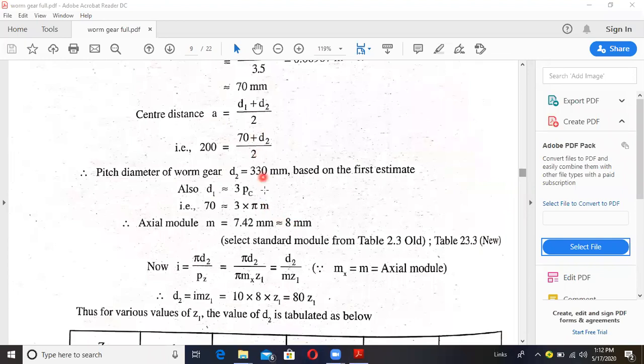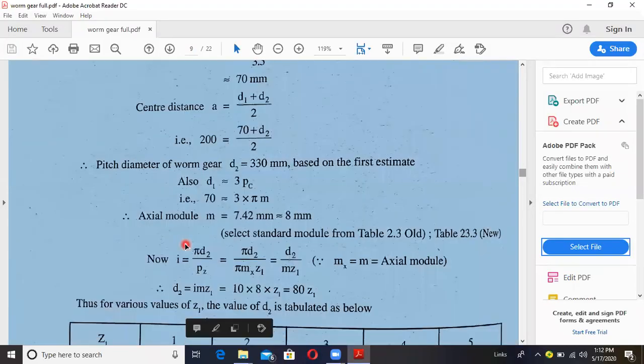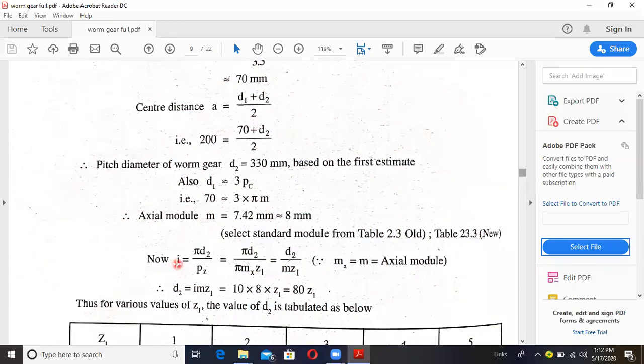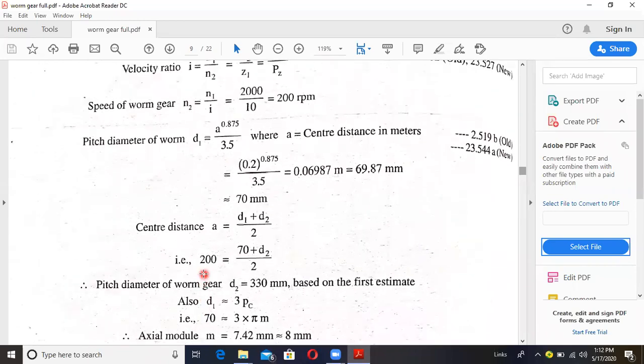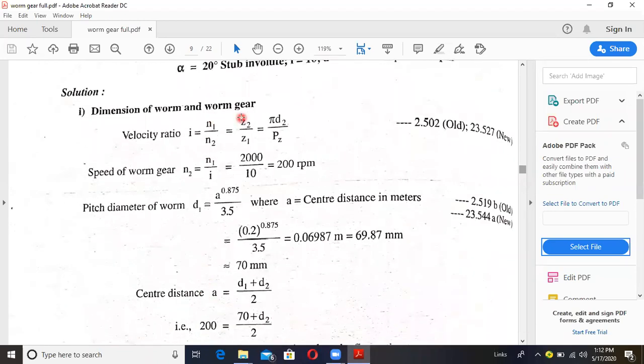So whatever we are calculating, these are approximate values. Now again we have to calculate exact values. Again we are taking I is equal to pi D2 divided by pz. Here the notation is I is equal to n1 by n2, z2 by z1, pi D2 by pz.